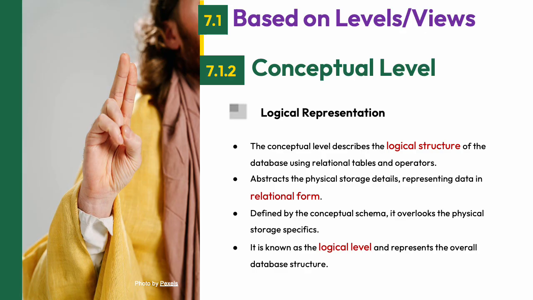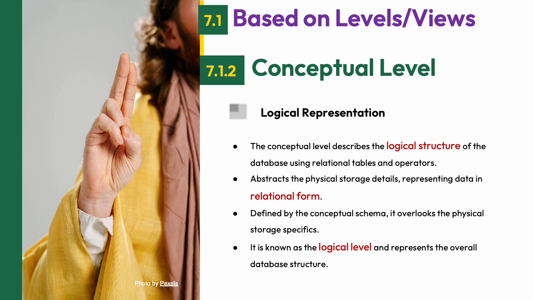So at the conceptual level, you will see a table for books with columns for book ID, title, and genre, a table for the authors with columns for author ID and name, and a table for the borrowers with columns for borrower ID and name.